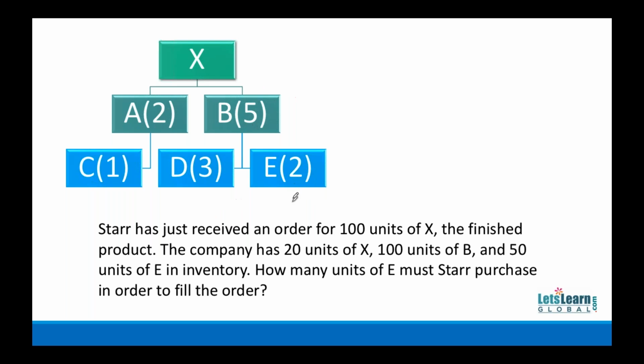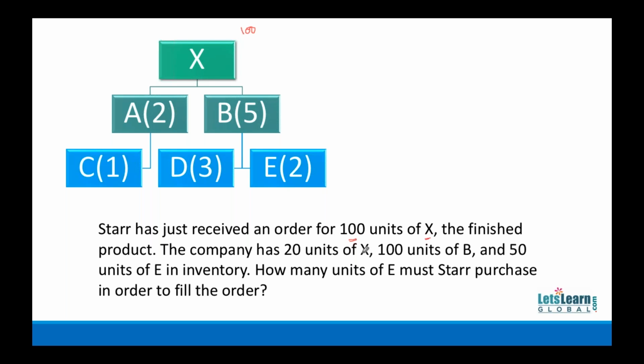Now let me solve this problem of how many products are to be purchased. Star has just received an order for 100 units of X, to be delivered. This is the finished product, but it is made up of these sub-assemblies and assemblies.